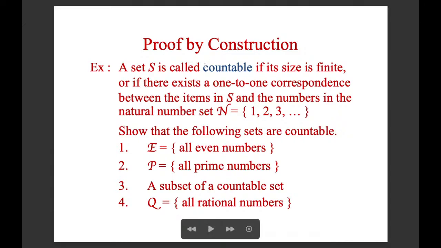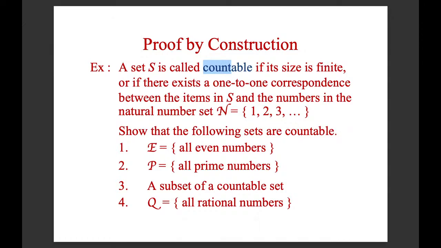The word countable means that we can count out all the items in the set S. Let's say this is the first item, and then this is the next item, the second one, this is the third, this is the fourth, this is the fifth, and so on and so forth. There is a way that we can count out the items in S one by one without missing.